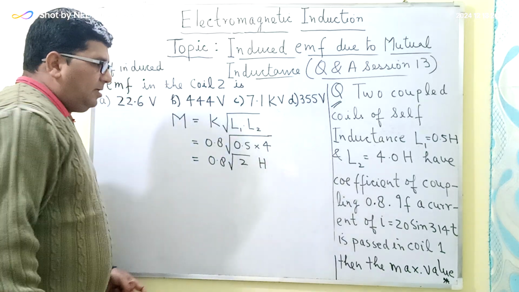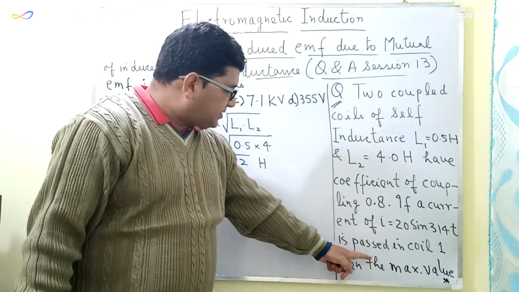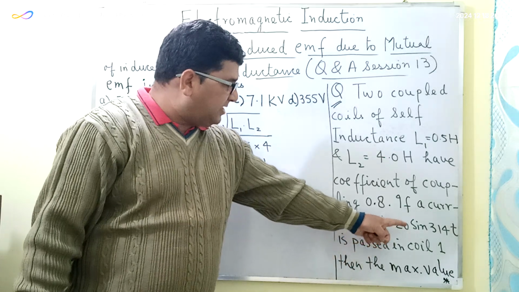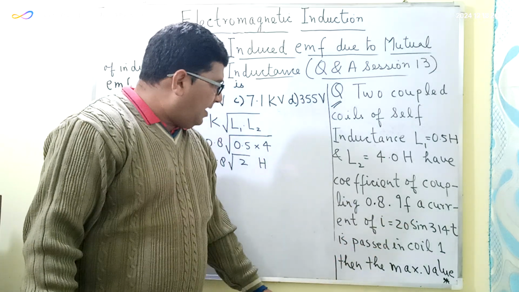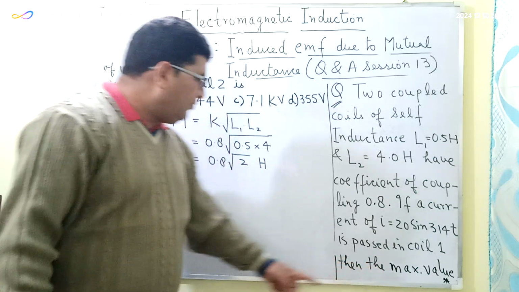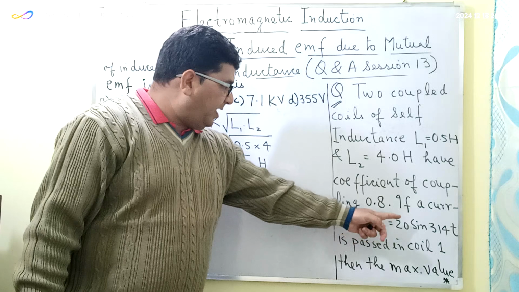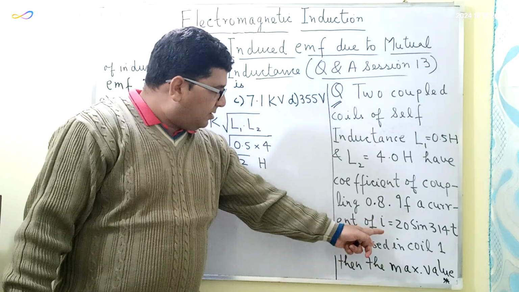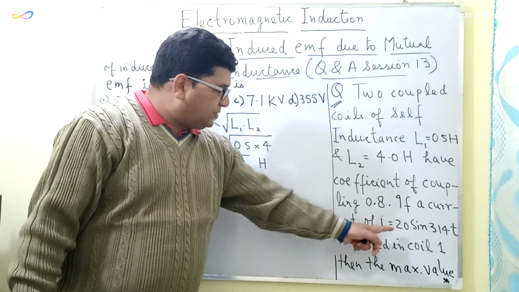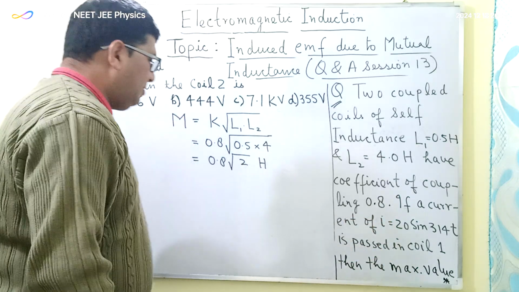Now the current which is passing in coil number 1 is equal to 20 sin 314t, and we have to find the maximum value of the induced EMF in coil number 2 when this current is passed in coil number 1.